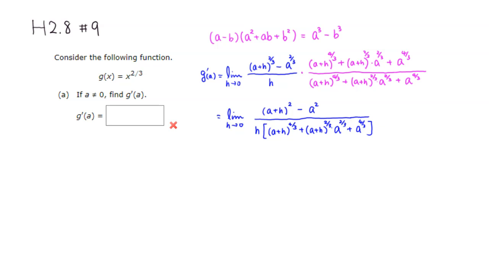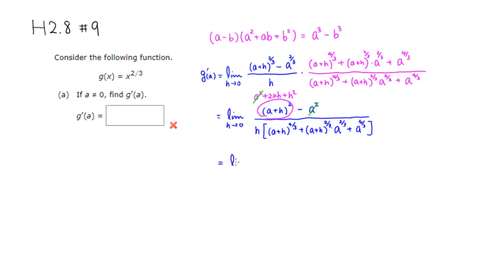But we can simplify the numerator this way. If you multiply this out, you get a squared plus 2ah plus h squared. So we can cancel a squared minus a squared, and what you get is this.